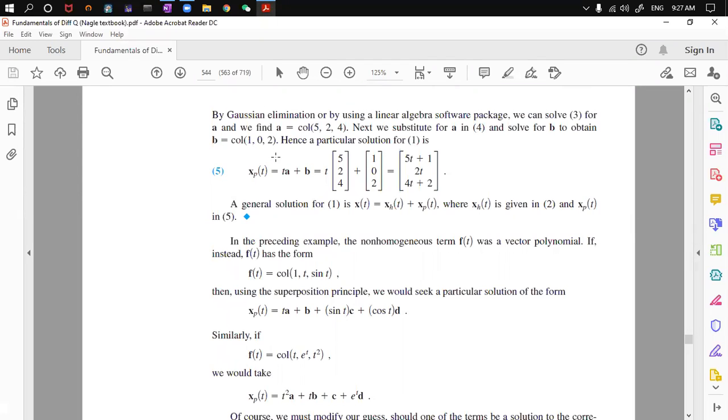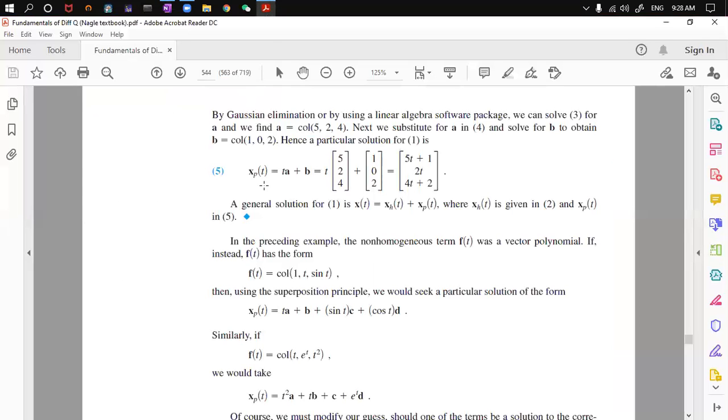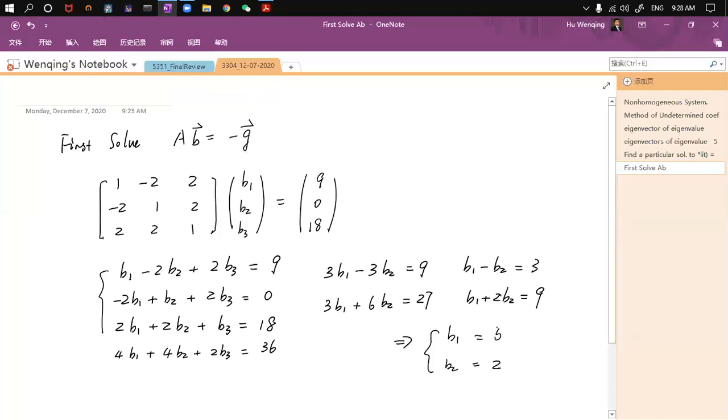So B1 is going to be equal to 5, right? So 5. And then the B3 can then be calculated, right?